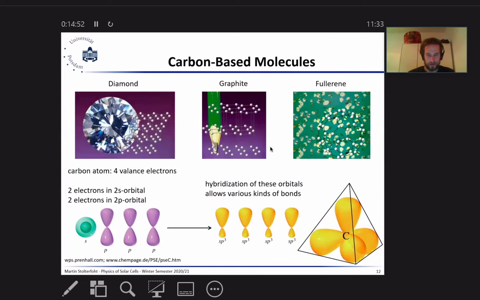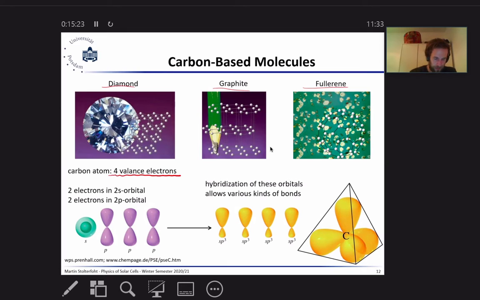So let's have a look at carbon-based molecules. For example, diamond, graphite, or fullerene. All of these three materials are only formed by carbon atoms, right? And a carbon atom has 4 valence electrons in its shell.